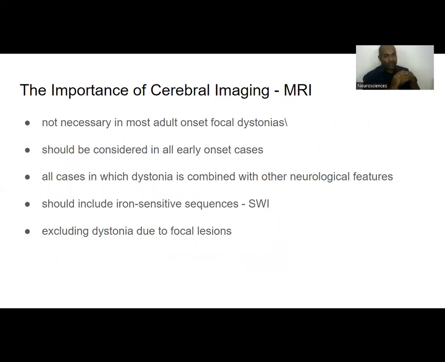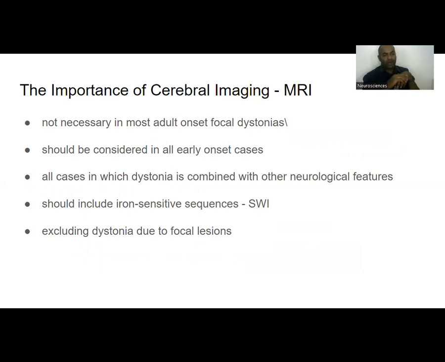However, MRI should be considered in all early onset cases, in childhood onset dystonias. And in all cases of combined dystonia with other movement disorders, we should definitely consider an MRI. Most of the common things like cervical dystonia, focal writer's cramp, blepharospasm may not require an MRI.